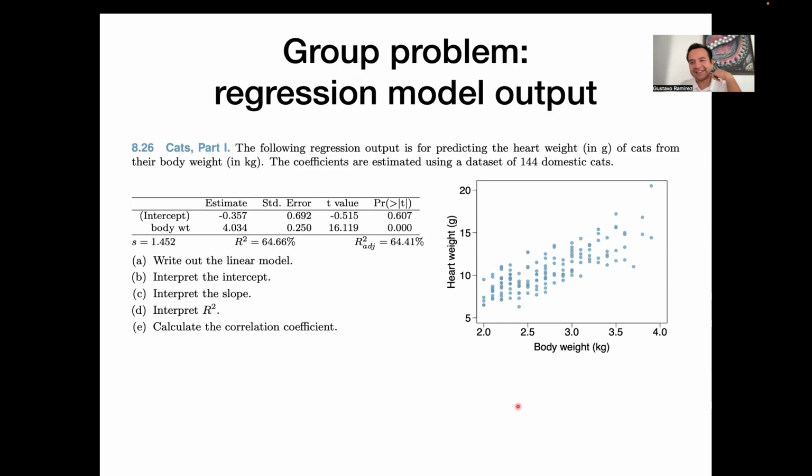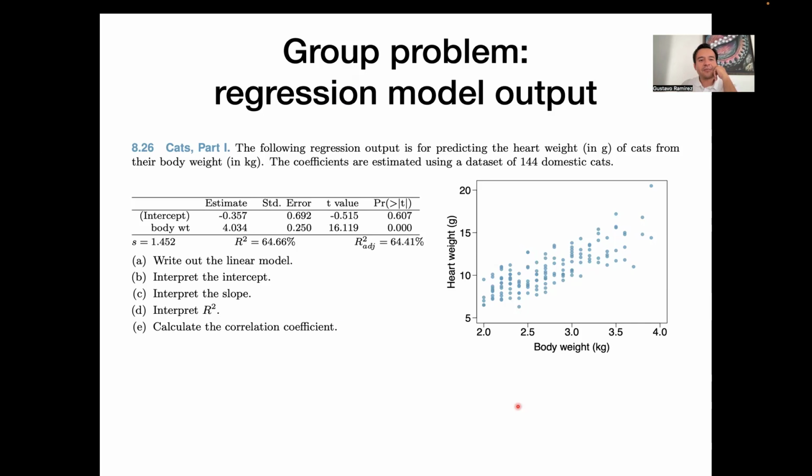These guys didn't make it if someone physically weighed their heart. But anyway, that would be the strength of this model, right? That if 144 dead cats were needed to generate it, now that you've got this line that's supposed to capture this relationship, you can weigh a living cat and know to a certain degree how much his heart alone weighs without doing the experiment.